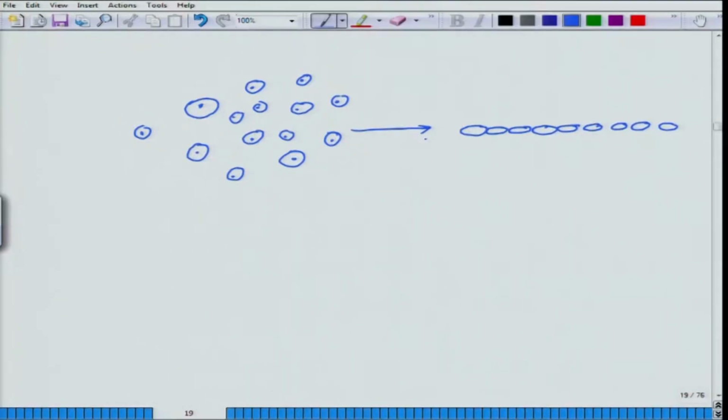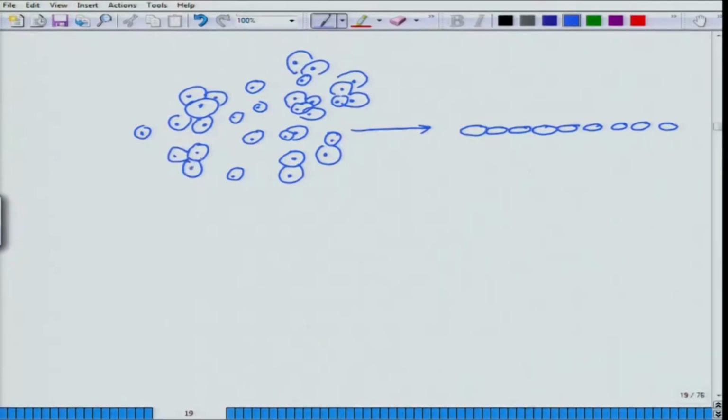In that process, two things happen together. They initially divide. Now, this is the dividing phase. Multiple divisions take place, and they form dividing masses. Then these dividing masses align with each other likewise.